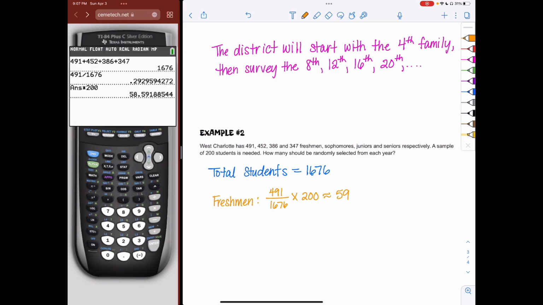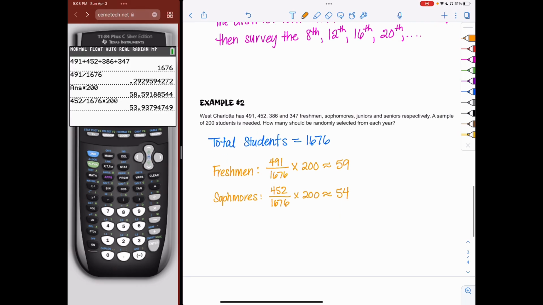For sophomores, I'm going to take 452 out of 1676 and multiply by 200, and that's going to give me approximately 54 students from the sophomores.